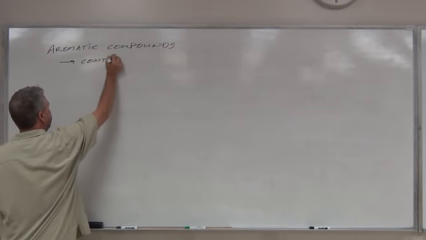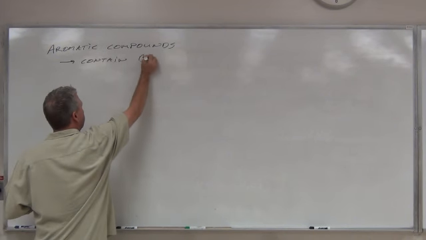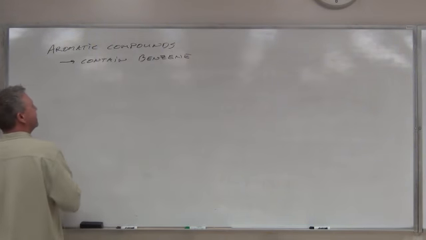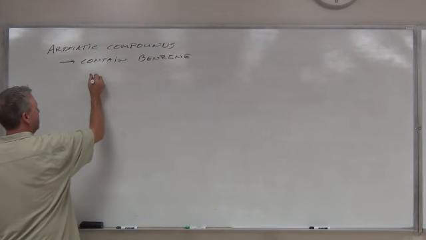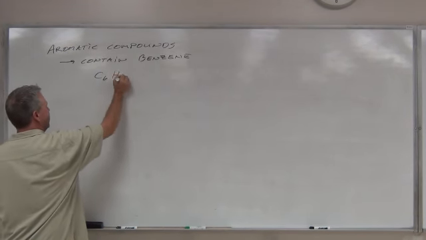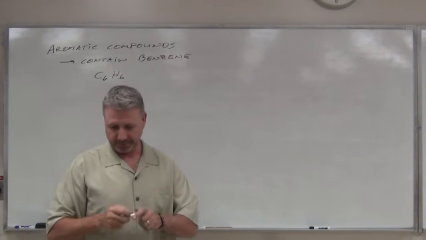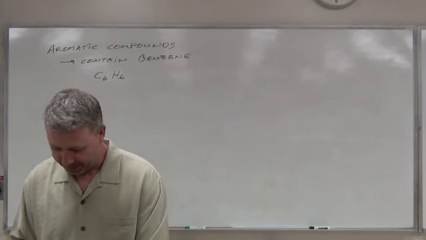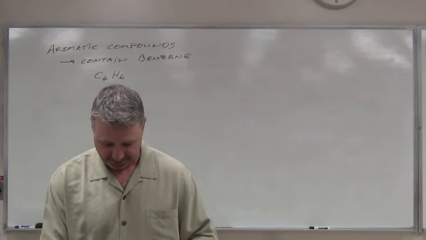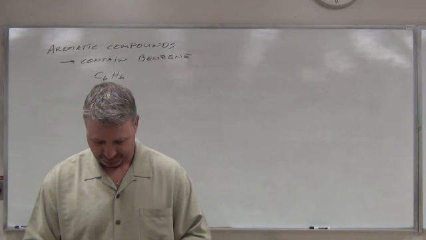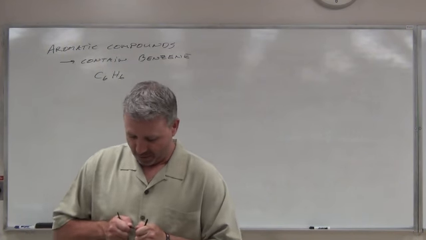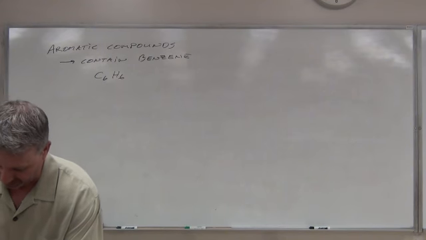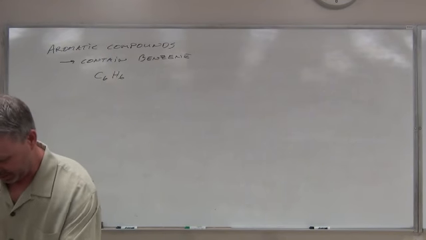We're going to say benzene. Benzene has a formula C6H6. It is a six-membered ring with alternating single, double bonds.